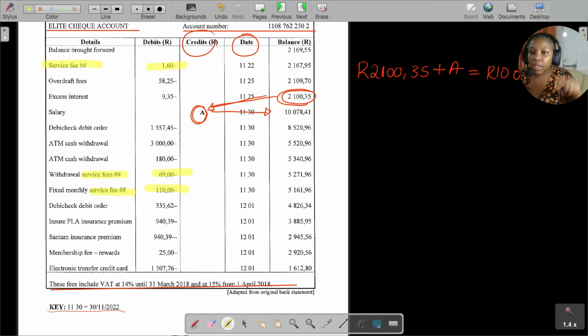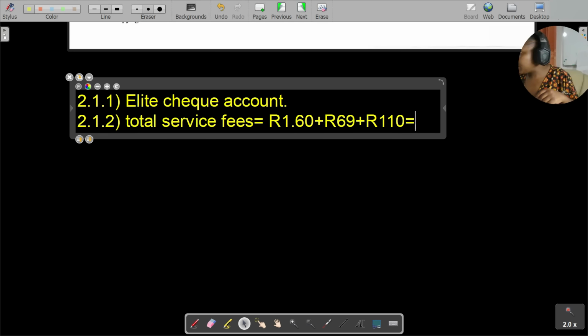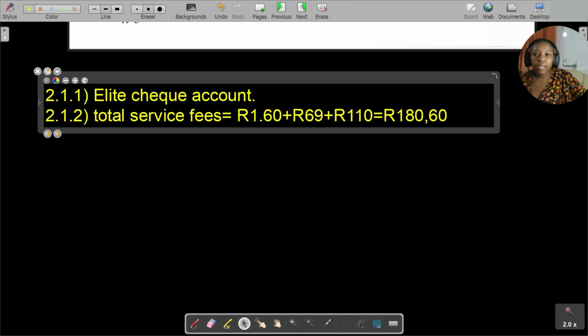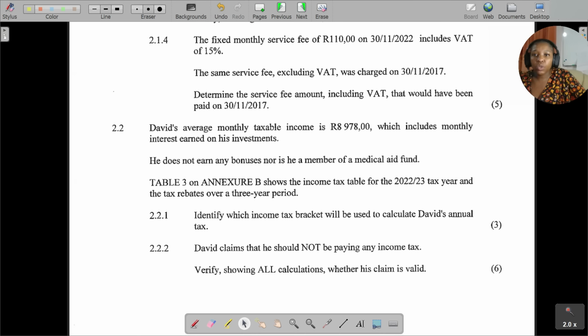So these are all the service fees that happened in his account. We're just going to take R1.60 plus 69 rand plus 110, and you'll see that gives us 180 rand 60. So that's the total amount that is deducted for service fees.